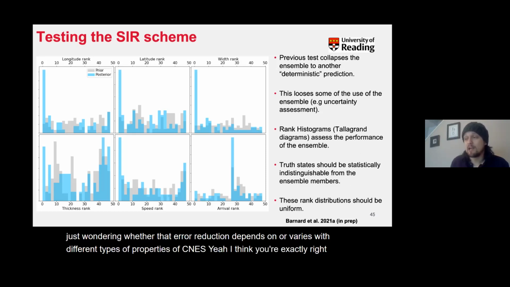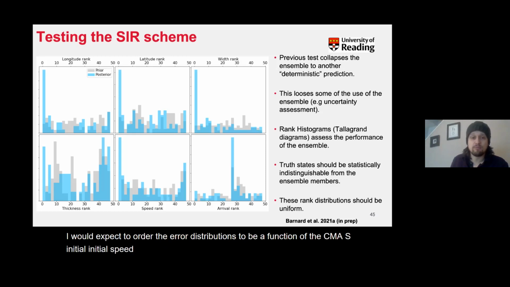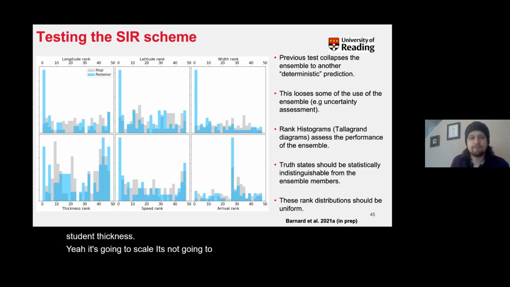So far, I've only been looking at that 1,000 kilometer per second CME in these simulations. I would expect all of the error distributions to be a function of the CME's initial speed in particular, but also longitude and width. Maybe less so the latitude and thickness. But yeah, it's going to scale. It's not going to be constant.